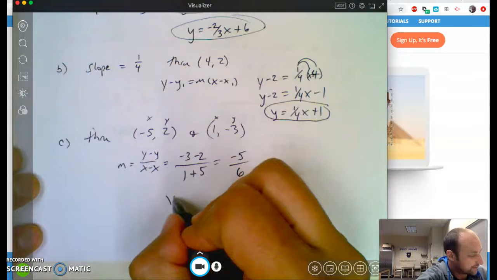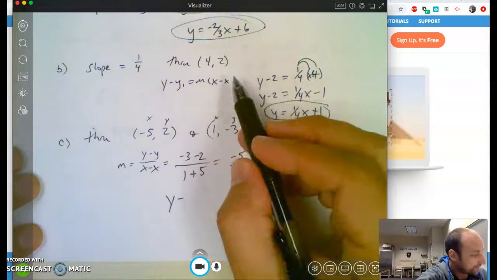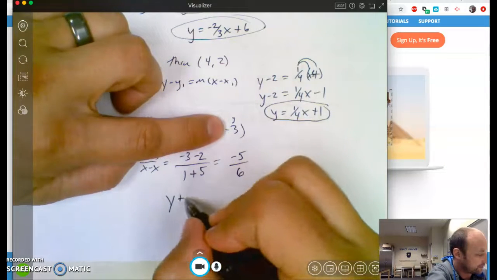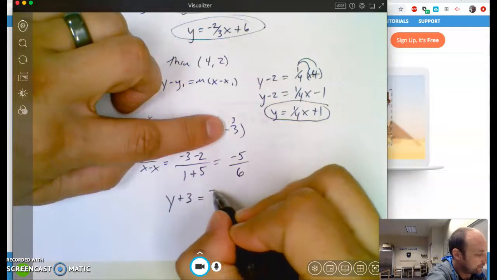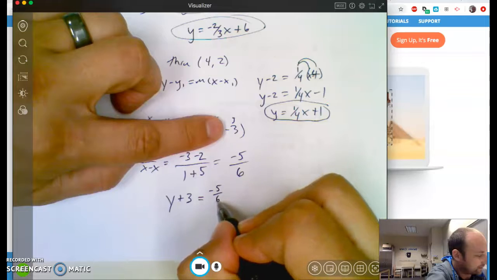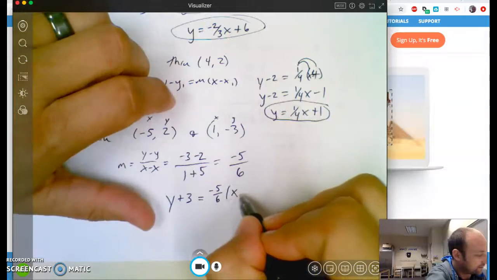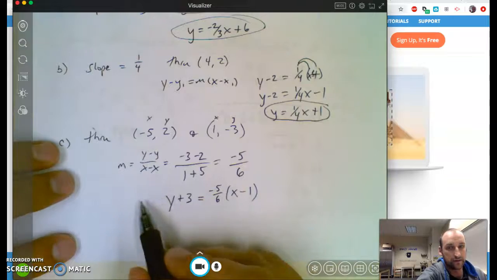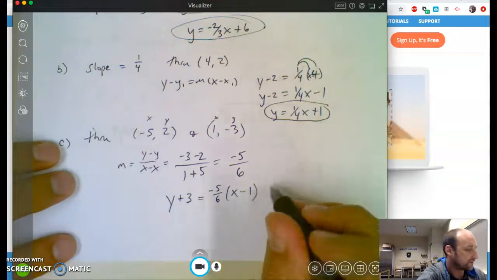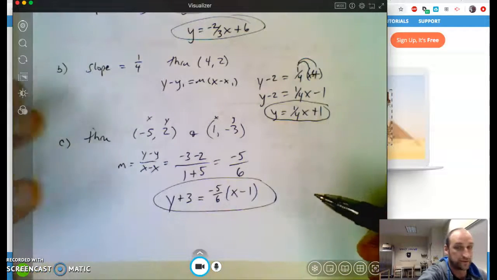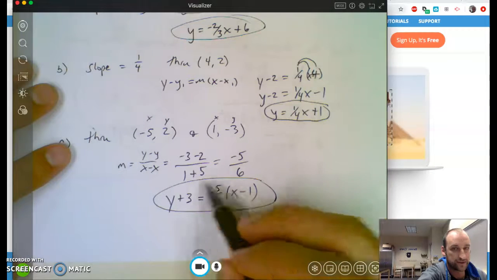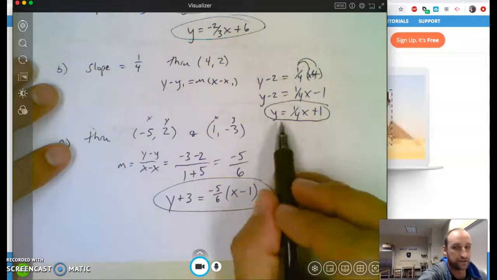So my equation is going to be y minus the y part, which is 3, so it'll be y plus 3, equals m times x minus the x part, which is 1. The directions didn't say leave it in slope-intercept form, so I could leave it like this, or I could distribute the 5/6 and get y by itself like I did up here.